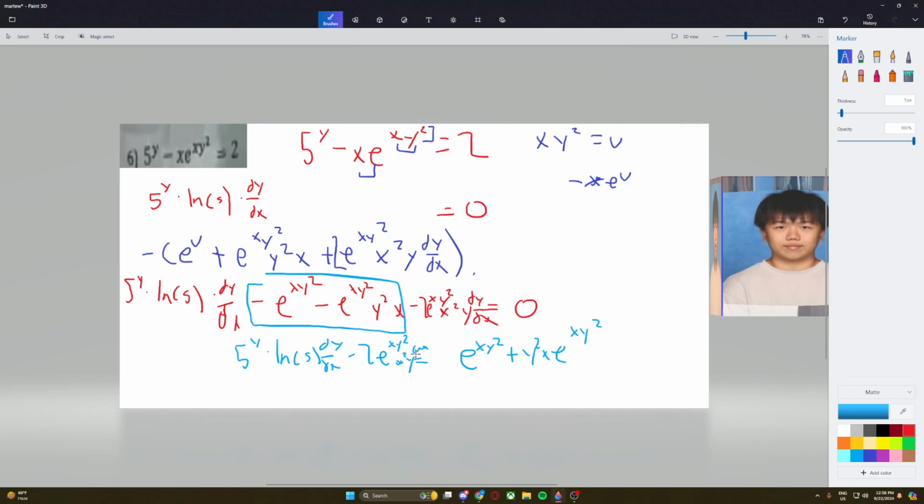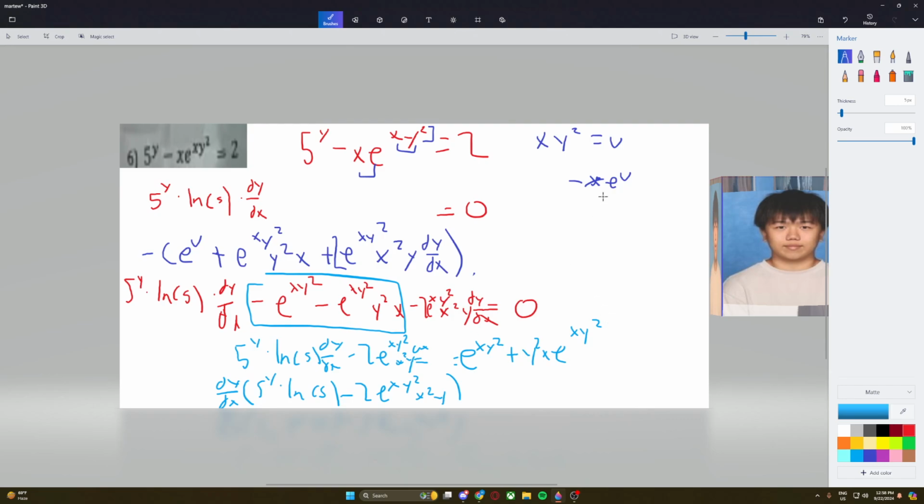Yeah. And we just factor out dy/dx. So we get dy/dx times (5^y ln 5 minus 2 e^(xy²) x² y), and it's equal to that. And we just divide.